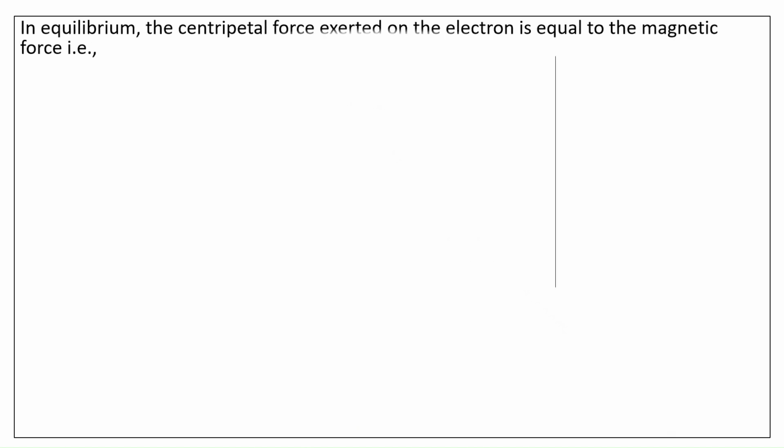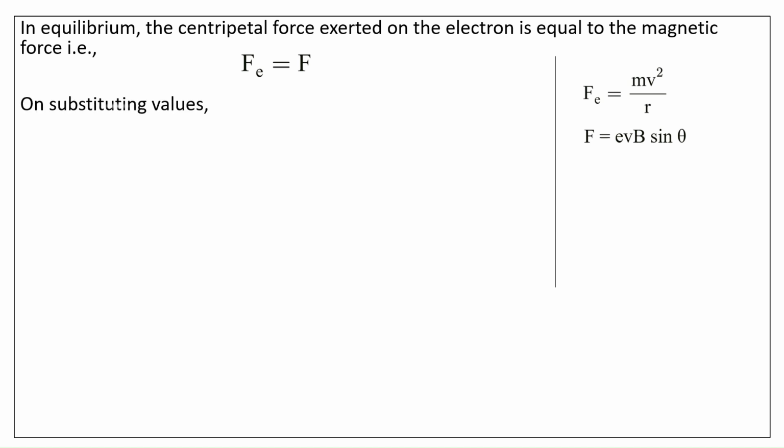In equilibrium, the centripetal force exerted on the electron is equal to the magnetic force, that is, Fc is equal to F. Substitute values in the above equation, we get mv square by r is equal to evB sin theta. Now, equate to r. Here v gets cancelled, so we get r is equal to mv by eB sin theta.